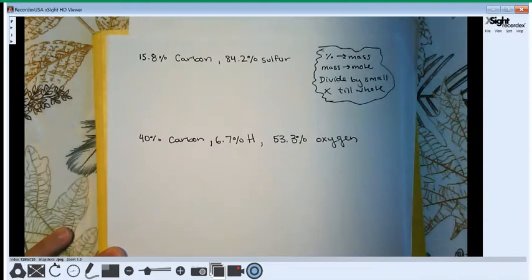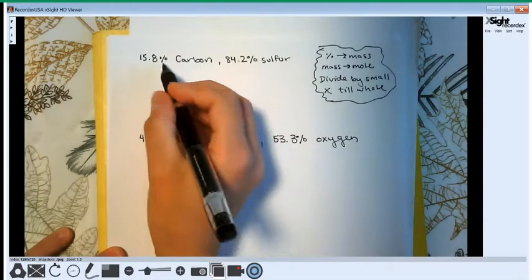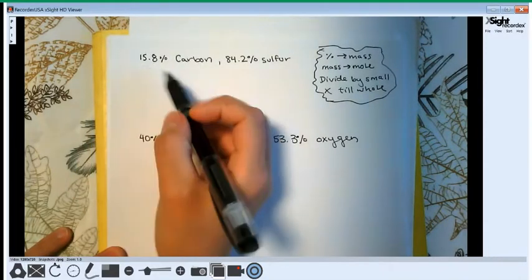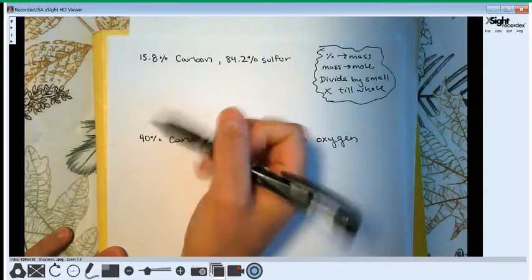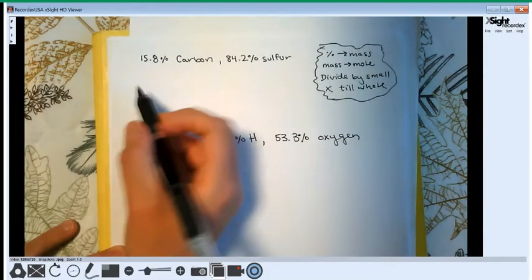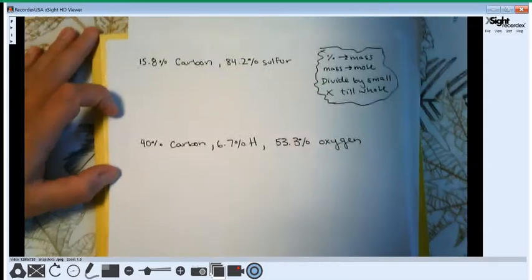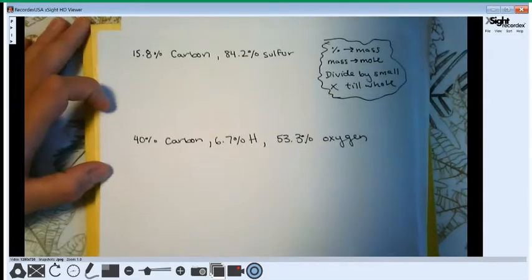So we start by taking our percentages and rewriting them as masses. I always make this in a table format, and I'm going to move my camera a little closer because it's not super big right now.